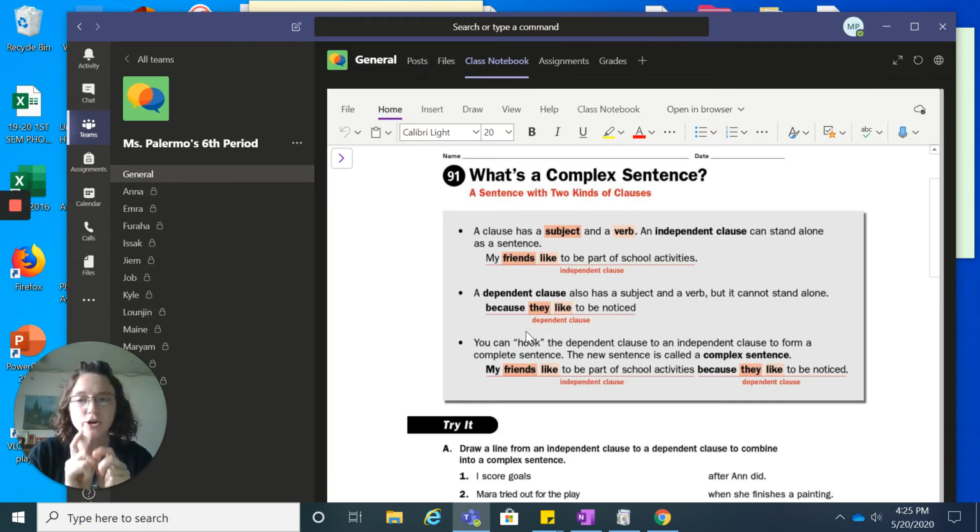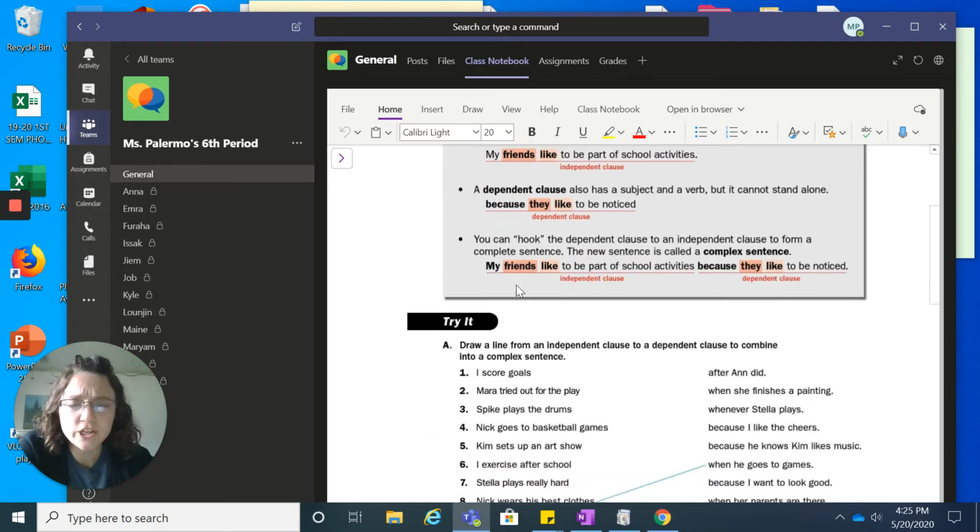If the sentence starts with but, because, and, usually those are dependent clauses that have to be with an independent clause to make it a full sentence. That's a lot. I think a lot of you will be able to hear what sounds right and what sounds wrong to tell what's a dependent clause, what's an independent clause.